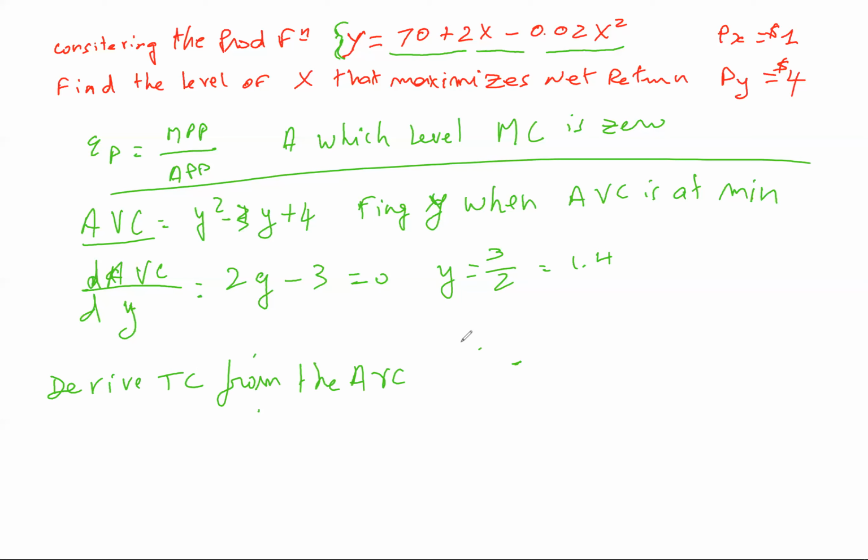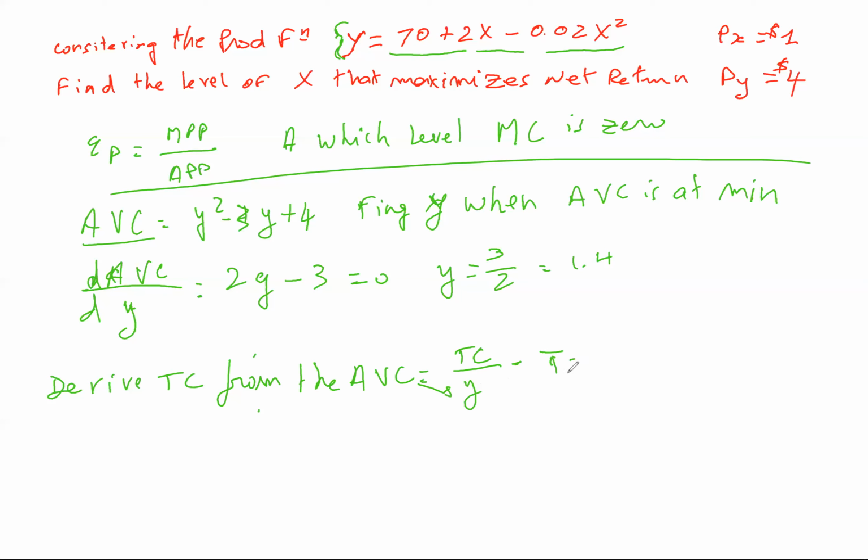And so we know that average variable cost equals total cost divided by y. And so multiply this.